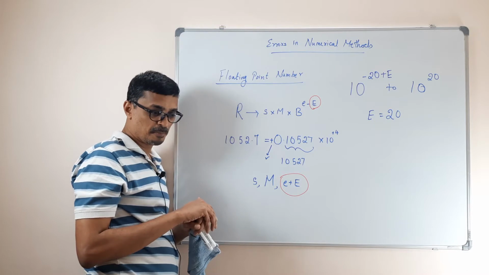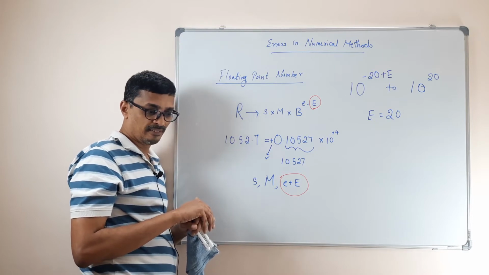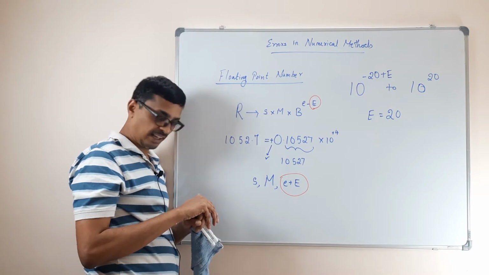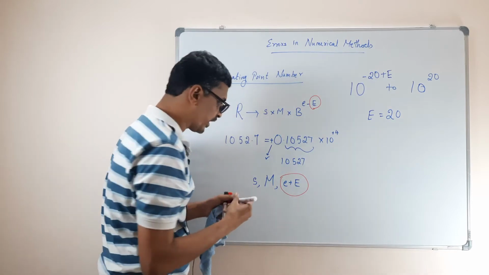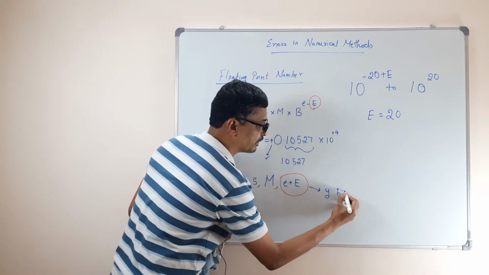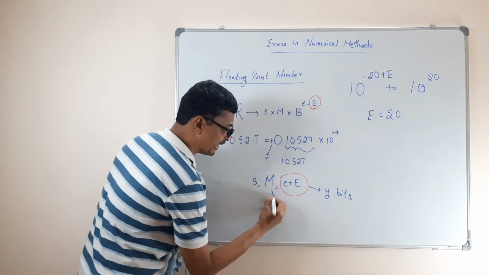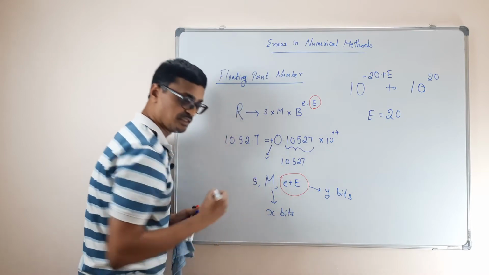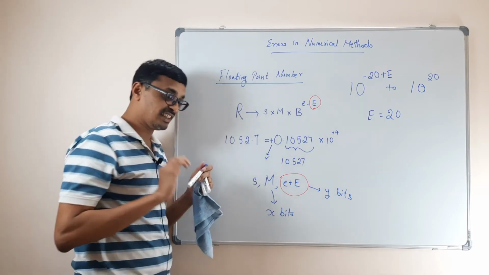Correct, that's the exponent. So for my exponent I am allocating y bits, for example, and for the mantissa I am allocating x bits. Now understand the question clearly.